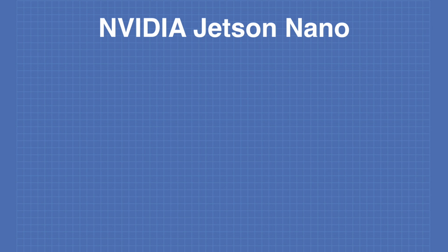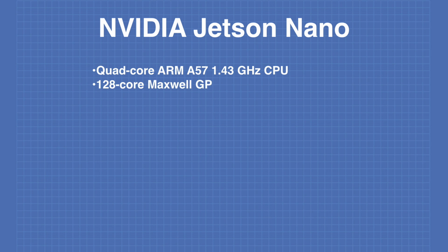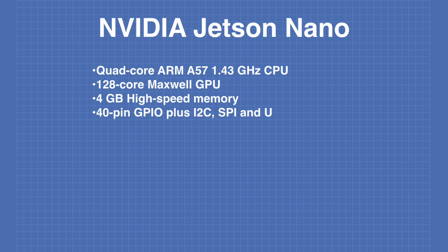The specs of the Nano are impressive. It's a quad-core ARM A57 1.43 GHz CPU. It has a 128-core NVIDIA Maxwell GPU. There are 4 GB of high-speed memory. It has a 40-pin GPIO bus, plus I2C, SPI, and UART connections. There are 4 USB 3 ports and a Gigabit Ethernet port.